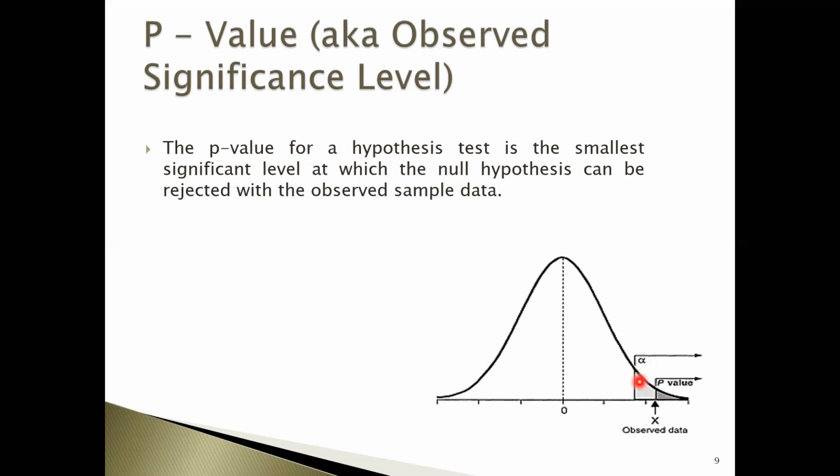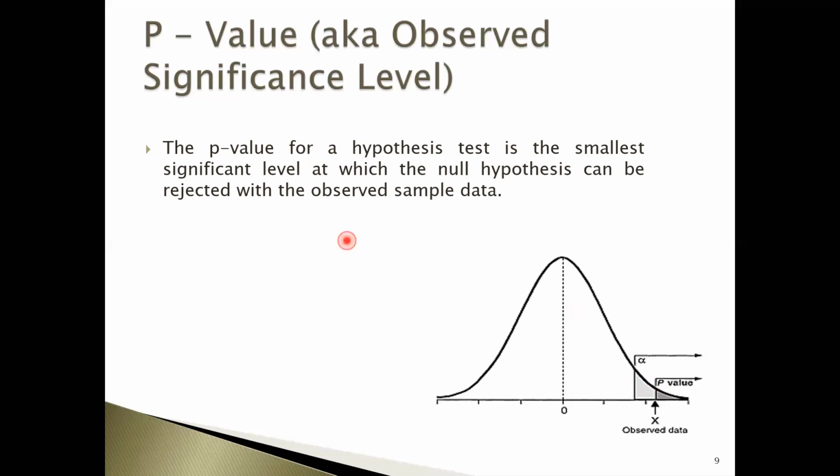So if we set alpha as, let's suppose, 0.10 or 0.05 or 0.01, and the p-value comes out less than alpha, it falls in the area of the alternative hypothesis. So the p-value must be small, a smallest value by which we reject the null hypothesis.